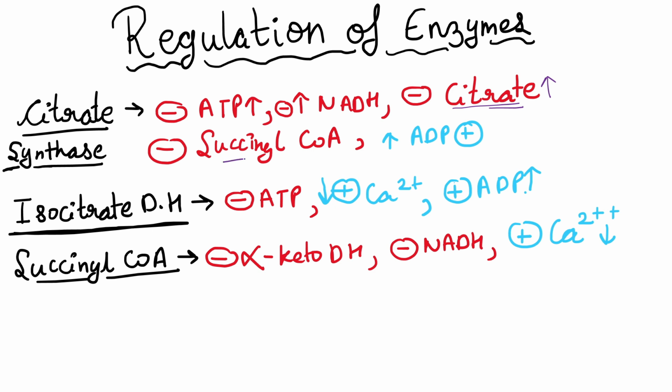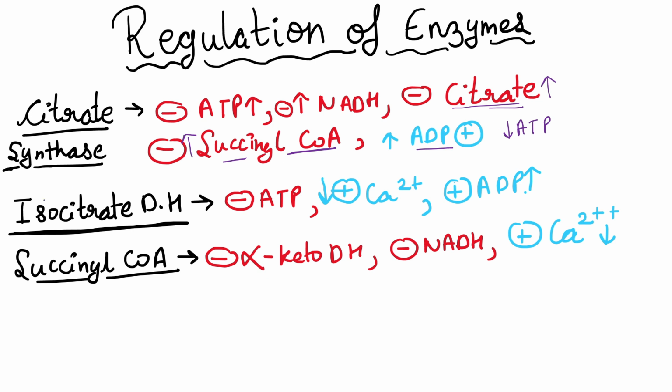Then succinyl coenzyme A, if it is at a higher level, would also have an inhibitory effect. But if there is a high amount of ADP, that means a low amount of ATP is present and we need more ATP, so citrate synthase would have a positive impact from higher ADP concentration.